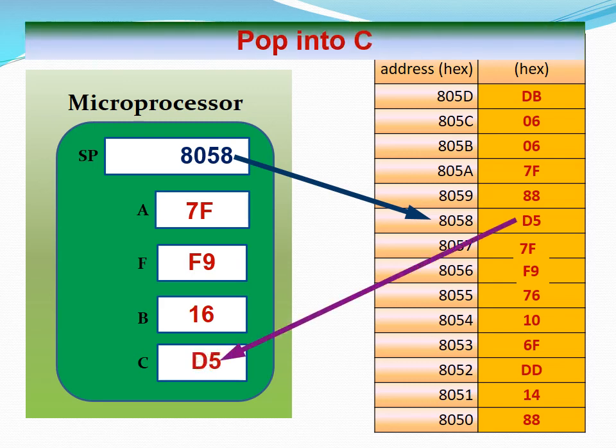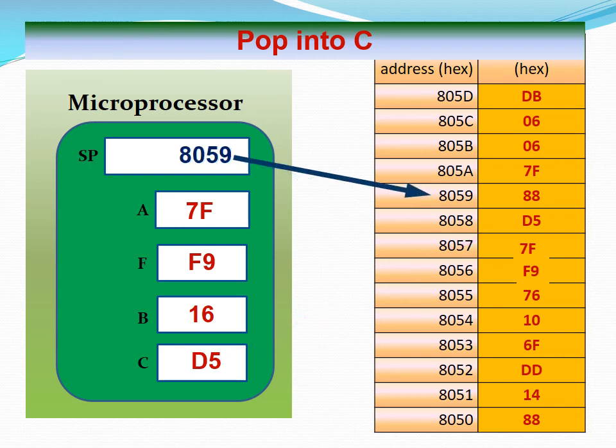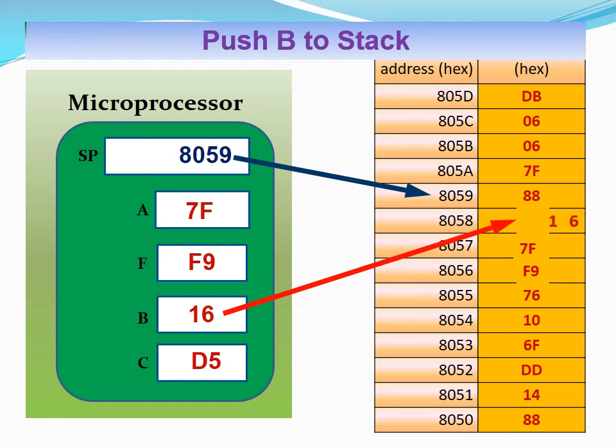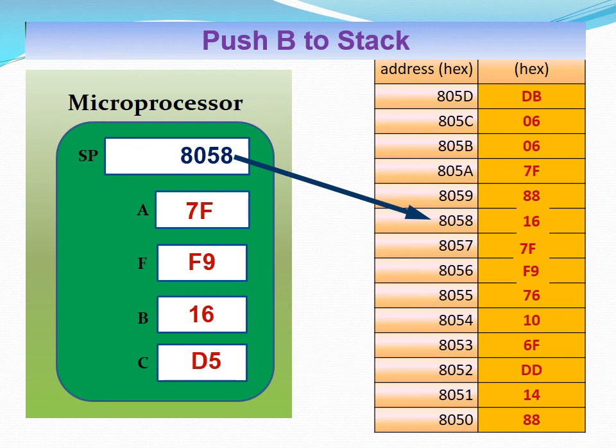If we pop into C, the contents of memory location 8058 are loaded into register C, and the stack pointer is incremented from 8058 to 8059. If we push B to the stack, the contents of register B are stored in memory location 8058, and the stack pointer is decremented from 8059 to 8058.